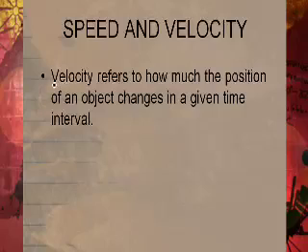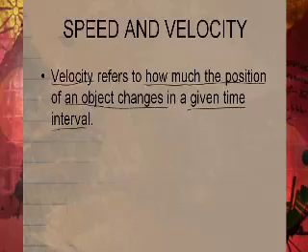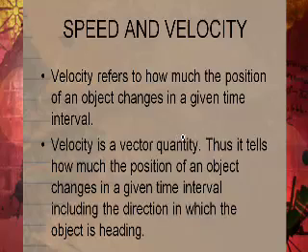Now, what is velocity on the other hand? Velocity refers to how much the position of an object changes in a given time interval. Velocity is a vector quantity, and what do we know about a vector quantity? A vector quantity should give us both magnitude and direction.